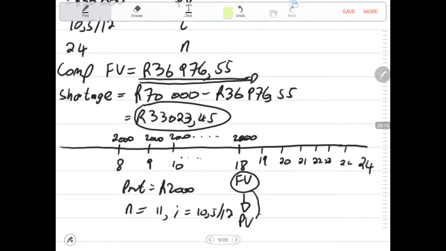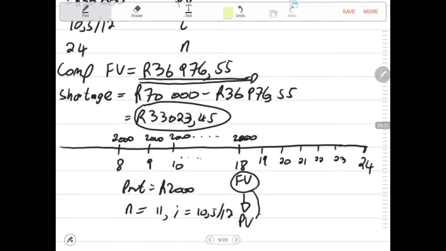This is the interest earned by these monthly payments after they are left in the account.